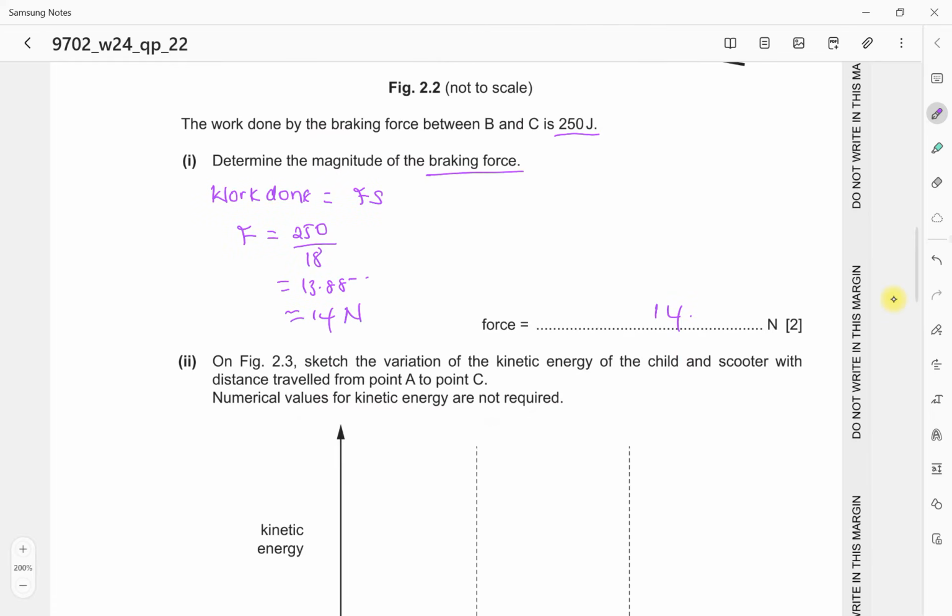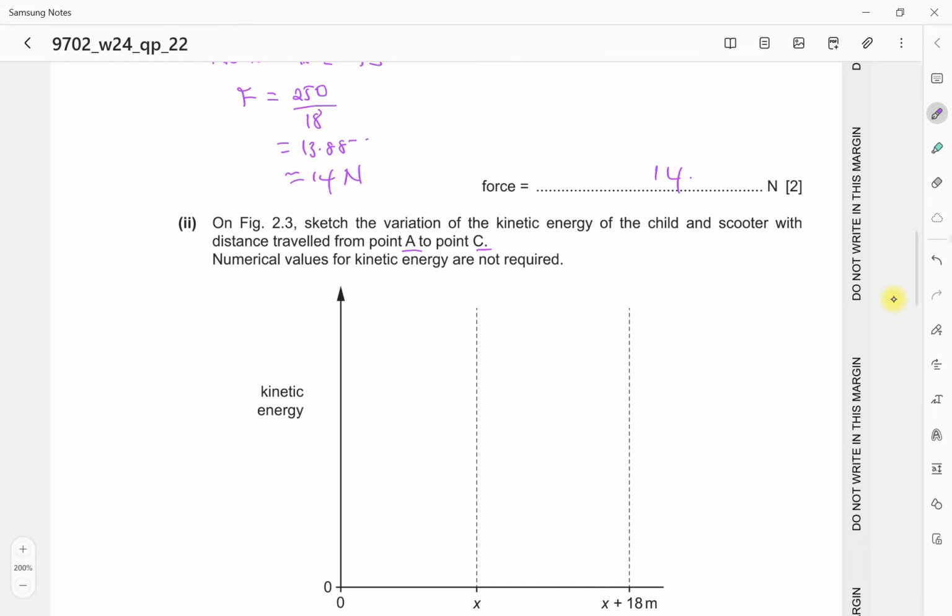On figure 2.3, sketch the variation of the kinetic energy of the child and the scooter with the distance traveled from point A to point C. Numerical values for kinetic energy are not required. From A to B, the speed increased from 0.6 to 3.75.